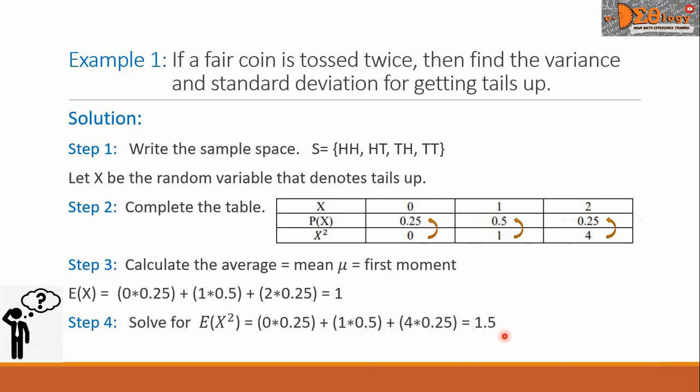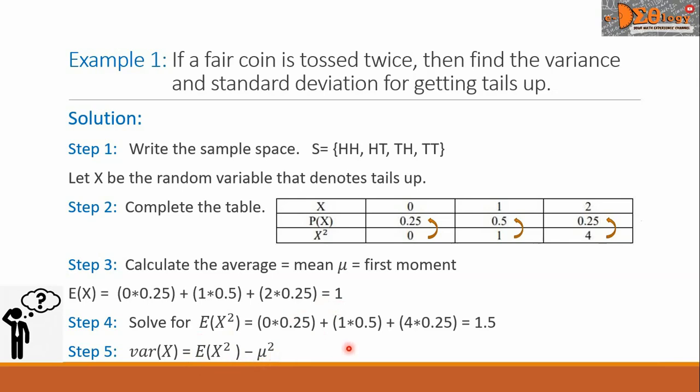Now we are ready for step 5 to calculate the variance, then later the standard deviation. For the variance, the formula will be E of X squared, this value we derived from step 4, minus mu squared. This is the mean, the value that we get from step 3.